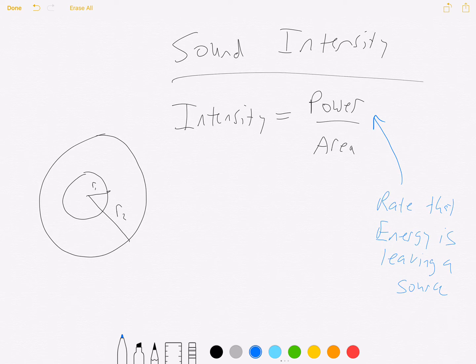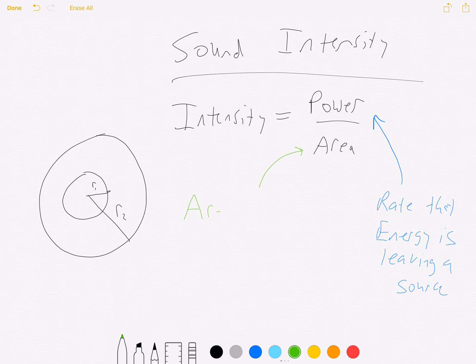So if you want to increase the intensity of your sound, one way is to increase the rate that energy is leaving. But oftentimes this area comes up because as you get further away from a source, the area that energy is spread over increases. And let's look at by how much.